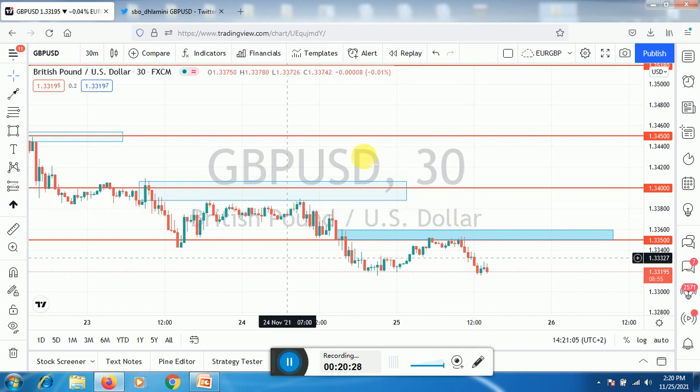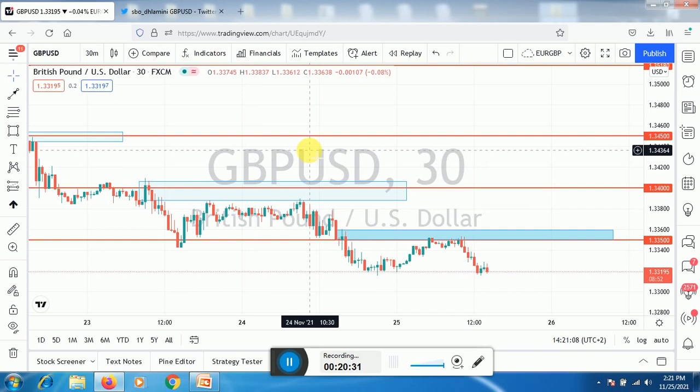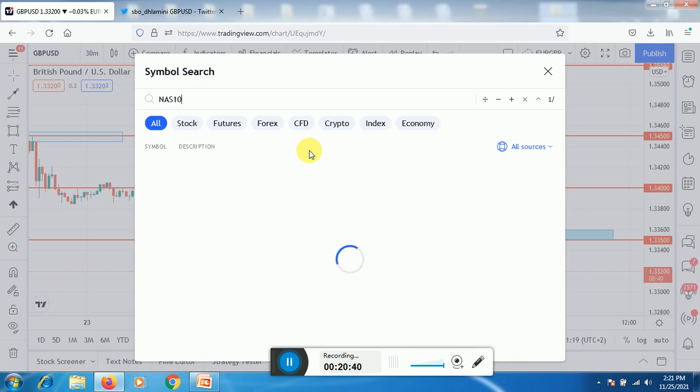So let us make an example of a bearish order block that creates a bullish signal. In our example, it's on the NAS 100.